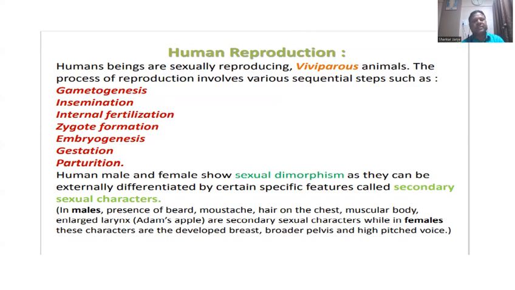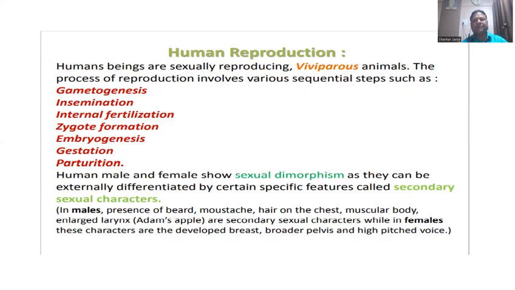After zygote, there is a formation of morula, blastula, gastrula, and the development of embryo. Then there is a pregnancy period, gestation period. Up to 9 months, the fetus develops in the uterus of the mother. That is called gestation. And when the pregnancy period, gestation period is over, then the next process is parturition, delivery of the baby.